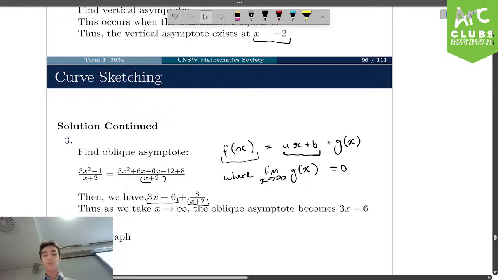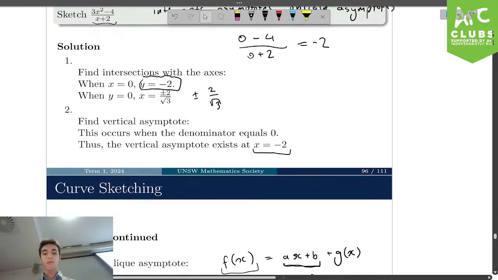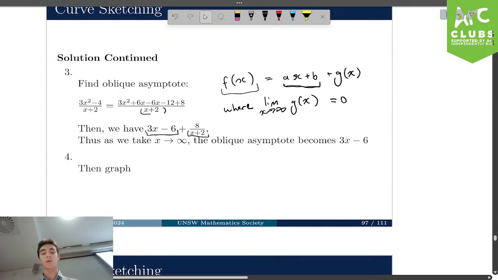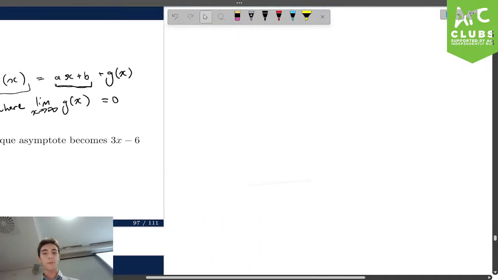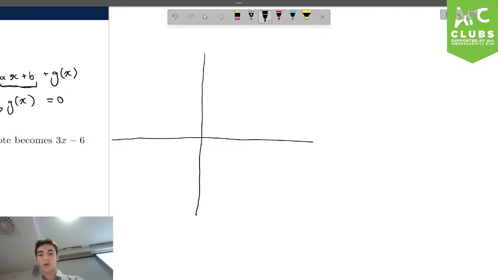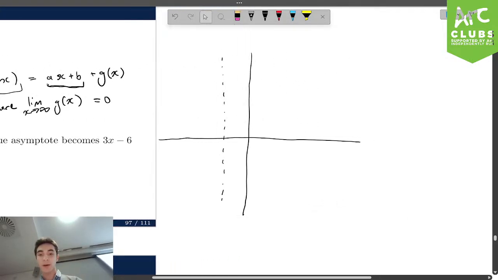So, what do we know about this graph? We've got the intercepts, we've got a vertical asymptote, and we've got an oblique asymptote, okay? So we could try drawing a crude graph of what this would look like. So minus 2 is going to be our vertical asymptote, okay? And our oblique asymptote 3x minus 6 is going to look something like this.